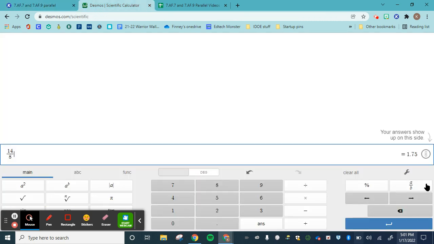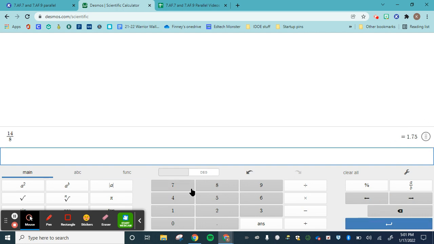And I go back to my handy dandy calculator. So I have $1.75 times 42 nachos, and I get 73.5.